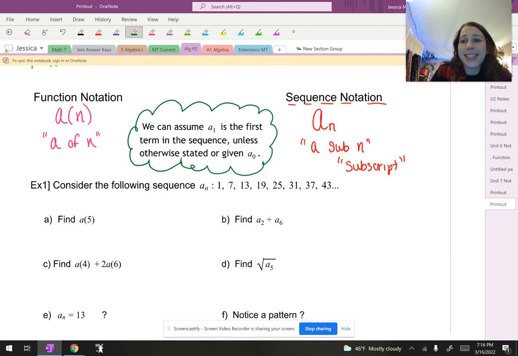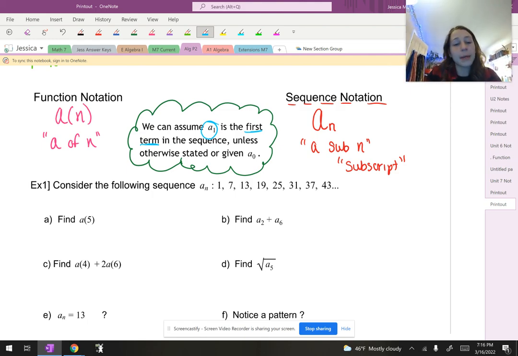So what that means is that we're going to assume from this point forward that a sub 1 is the first term in the sequence unless it is otherwise stated, or if you're given a sub 0, because obviously 0 would come before 1. But most of the time, 85% of the time, a sub 1 will be your starting piece and then you'll have to go from there.